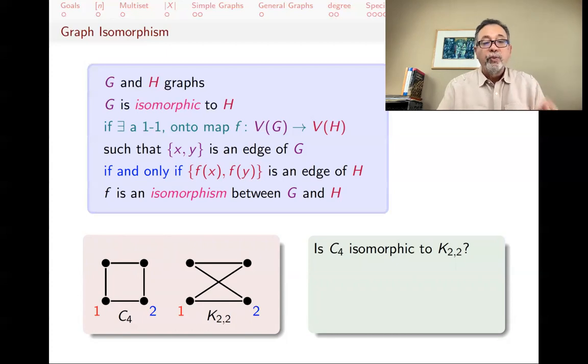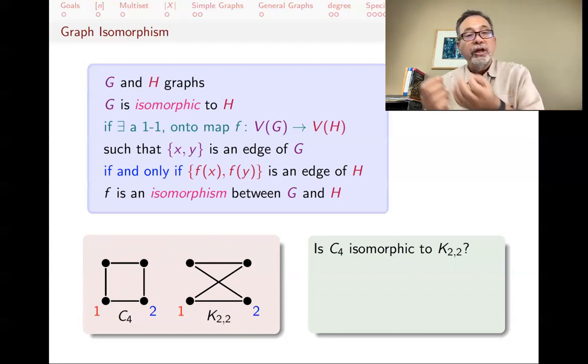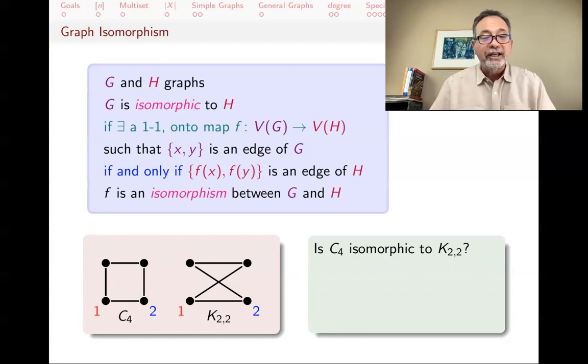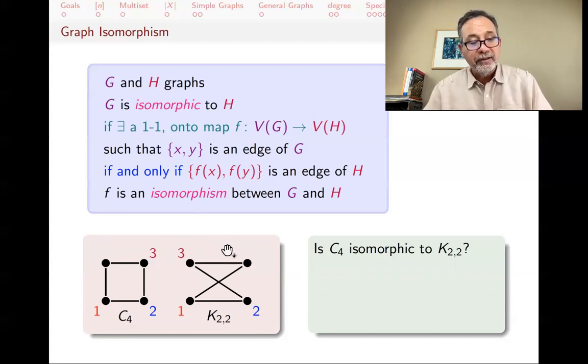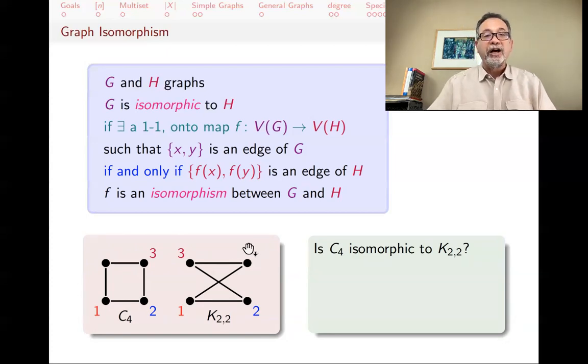So far, so good. 1 went to 1, 2 went to 2, and between 1 and 2, there was an edge in C4. Between 1 and 2, there was an edge in K22 again. Now, I'm going to call the third vertex here 3, but I'm going to send that not to the right-hand vertex on top in K22, but to the left one. And the reason is that 2, 3 is an edge, and I want 2, 3 to be an edge here as well. And finally, the fourth vertex goes to 4, and I have a one-to-one onto map from the vertices to vertices.